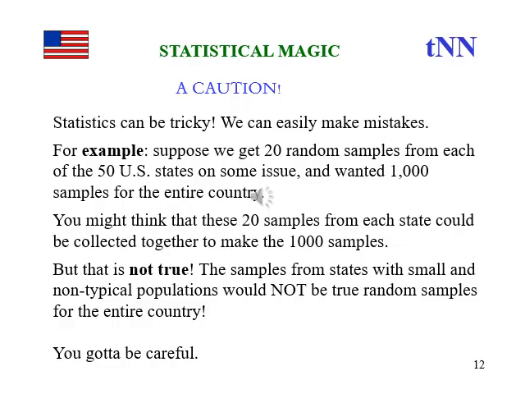You might think that these 20 samples from each state can be collected together to make the 1,000 samples, but that's not true. The samples from states with small and non-typical populations would not be true random samples for the entire country. You gotta be careful.